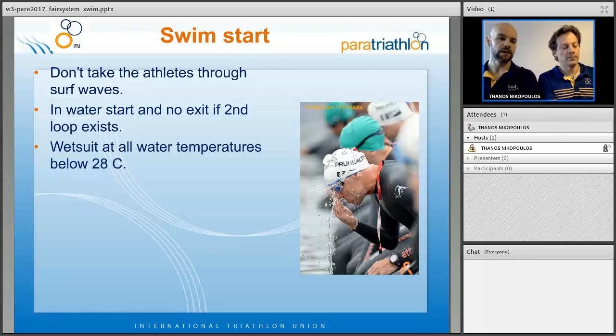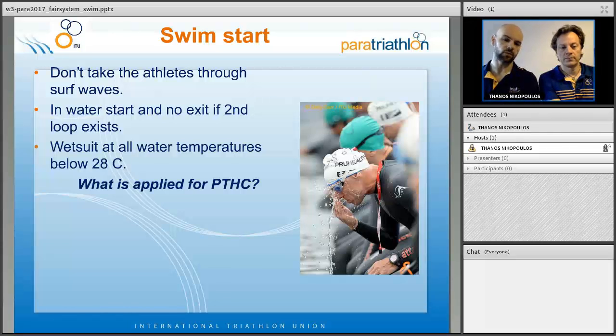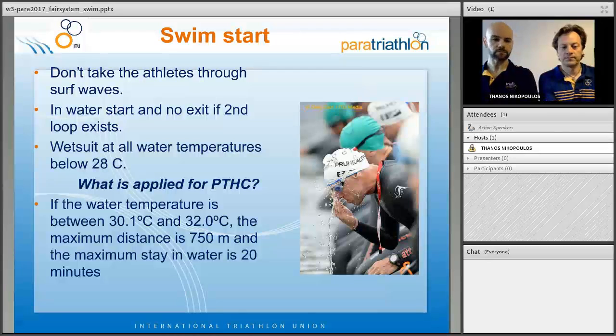There are certain water temperatures that determine when we can use wetsuits or when we can cancel the events. These are different from the able bodies, so please make sure that you are familiar with these temperatures.